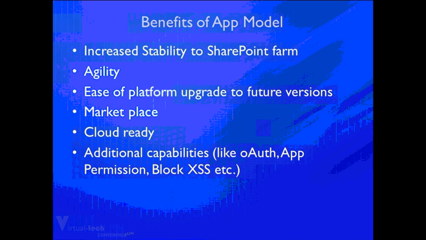And additional nuances: the introduction of OAuth, which I'll get into later, as well as app permissions, and blocking cross-site scripting. App permissions is a very interesting thing, because in the past, until 2010, say we wanted a custom component, like a web part or an application page, to act on behalf of users.